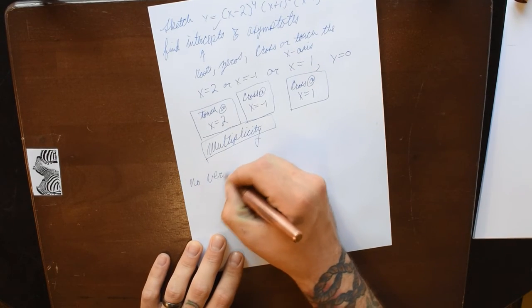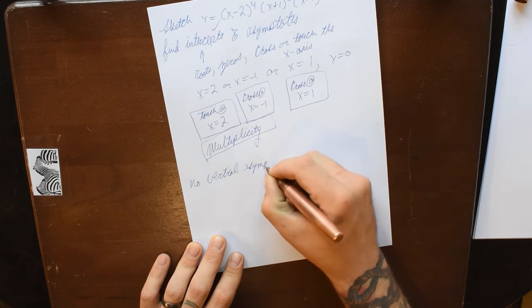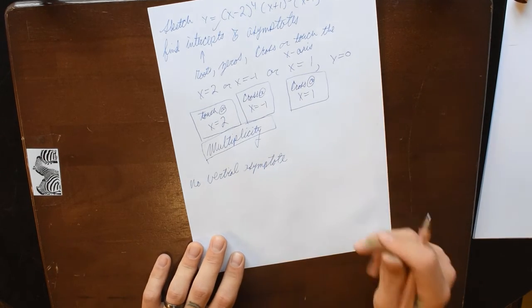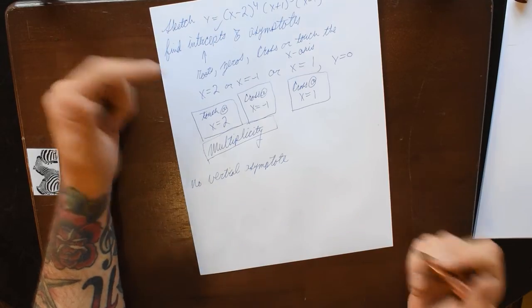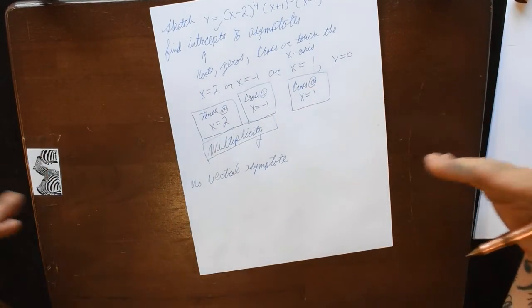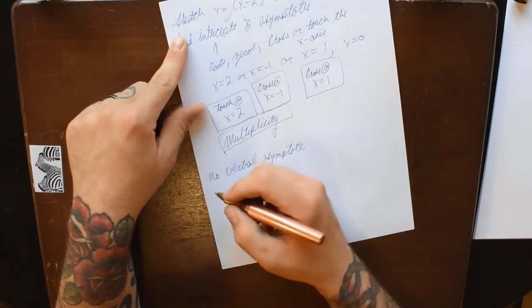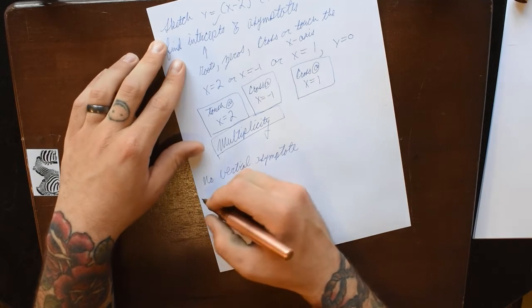We're not dividing. If there's no division, there's really no way for something to go to infinity in the middle of the graph. But we can talk about our horizontal asymptotes.